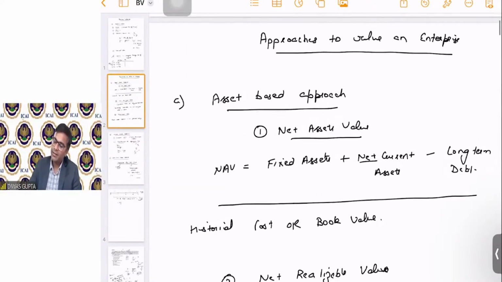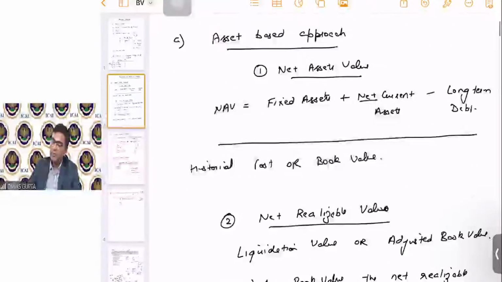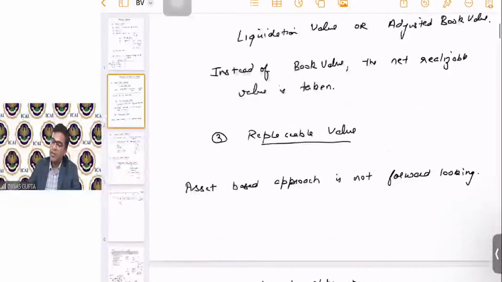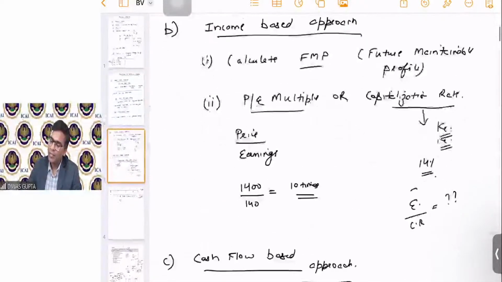What is the formula saying? For valuing the business, what is your net assets value? Fixed assets plus net current assets minus long-term debt. Then we also discussed the income approach, right?